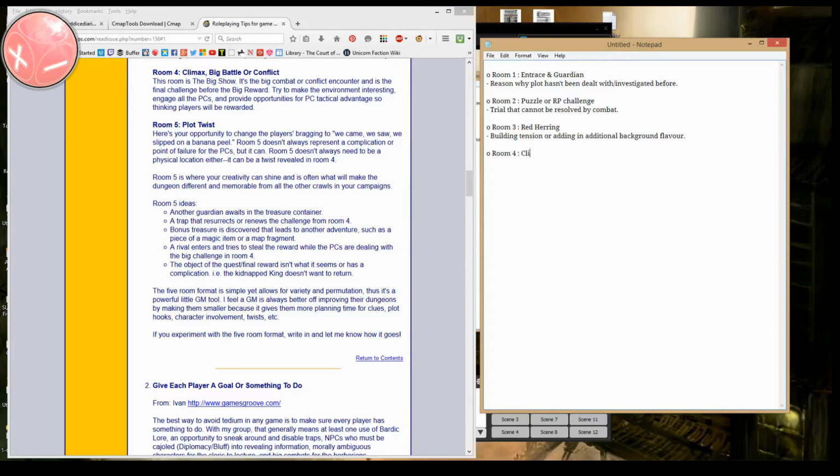Room 4 is the climax or conflict. This is the main showdown. And finally, room 5 is the plot twist.